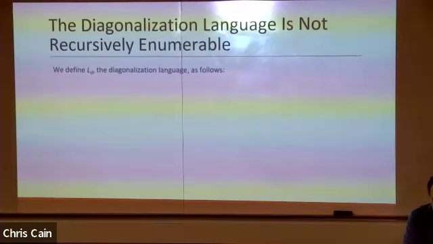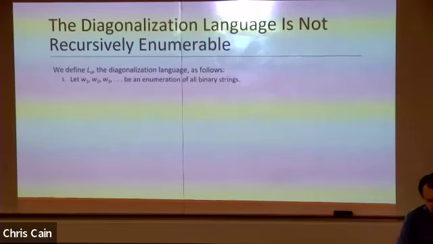So here is the diagonalization language. Let this list of strings, W sub 1, W sub 2, W sub 3, be an enumeration of all binary strings. We know that all binary strings are countable. Is that true? As long as they're not infinite.